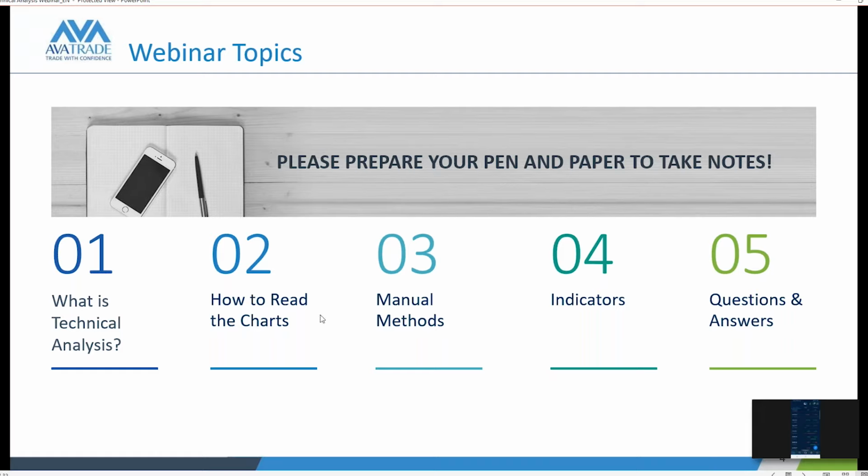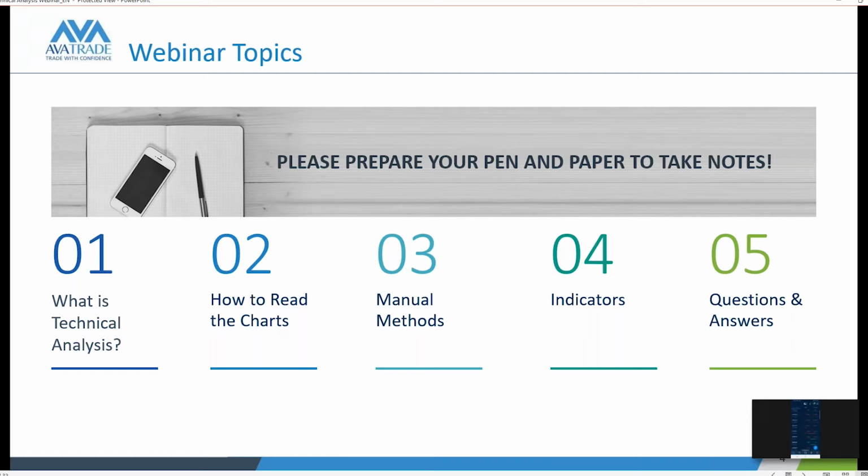First, we'll take a look at the big headlines today in terms of the fundamental news, and then we'll get into the technical analysis and the strategies on the web trader and the AvaTrade Go mobile app, which trade right on top of the MT4 and MT5 accounts that you've opened with us.